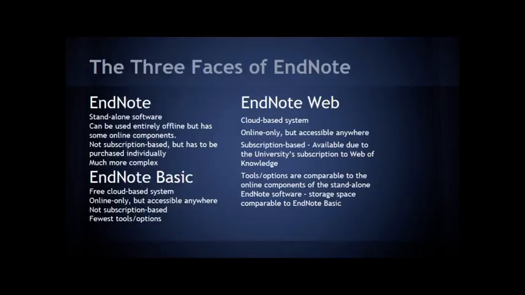Because they're owned by the same company, they give us some extra features, and I have administrative rights to the campus account, so the main thing that it gets us is a lot more citation styles for when you're using Word. And because we have this extra thing, I can add additional styles to that list if we need to. I'll cover that more later. If I talk about EndNote Basic or EndNote Online or EndNote Web, these are all essentially the same things for our purposes. Different websites still refer to them in different ways, which is sort of frustrating.